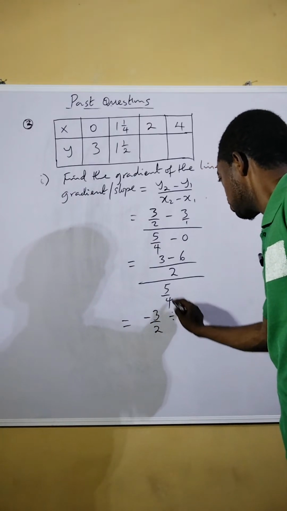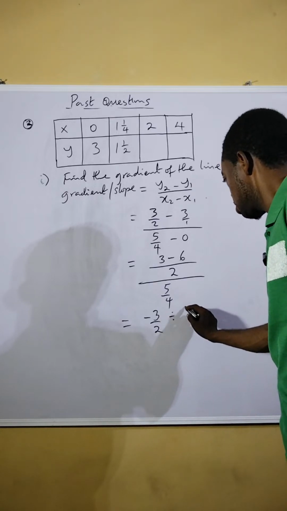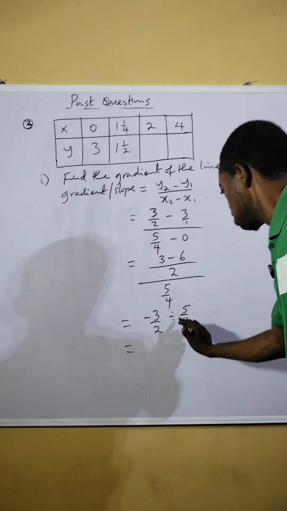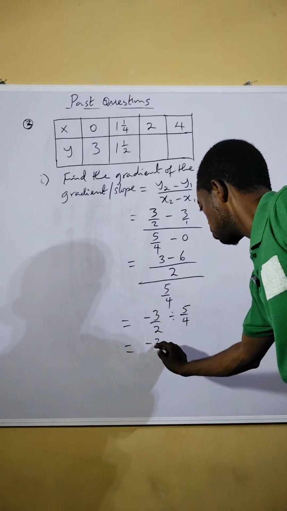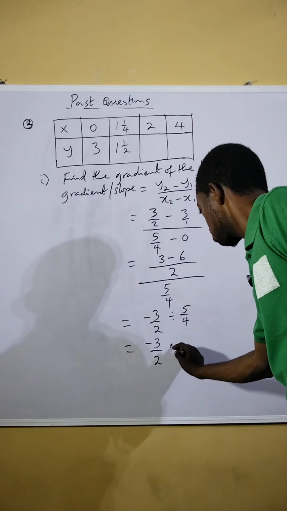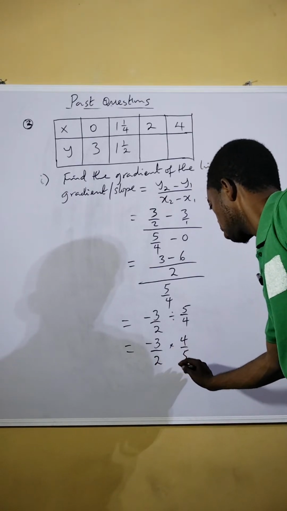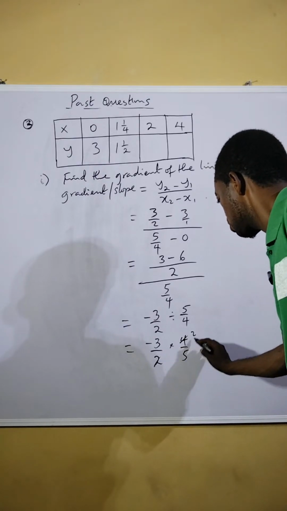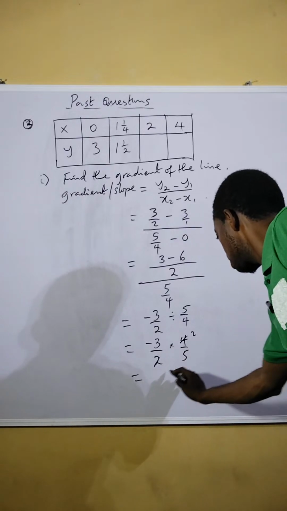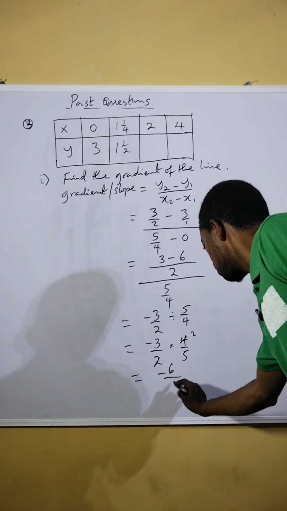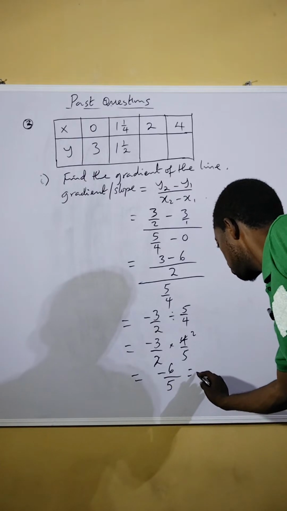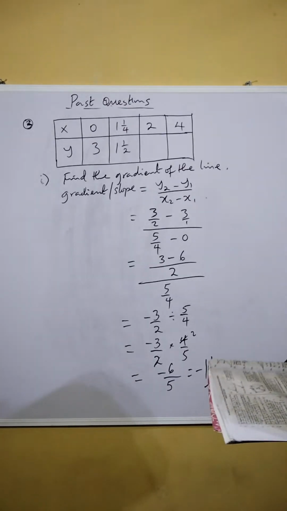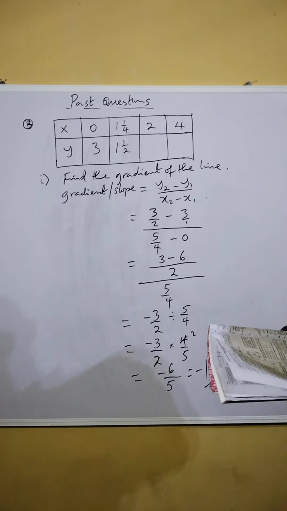Then this division can be written as 5 over 4. Next step, we change division to multiplication, and we have minus 3 over 2 times 4 over 5. Here we can reduce because 3 goes into 3 once and 2 goes into 4 twice. The gradient here is minus 3 times 2, which is minus 6 over 5. So therefore we have minus 1 and 1 over 5. So here we have a gradient of this given line.